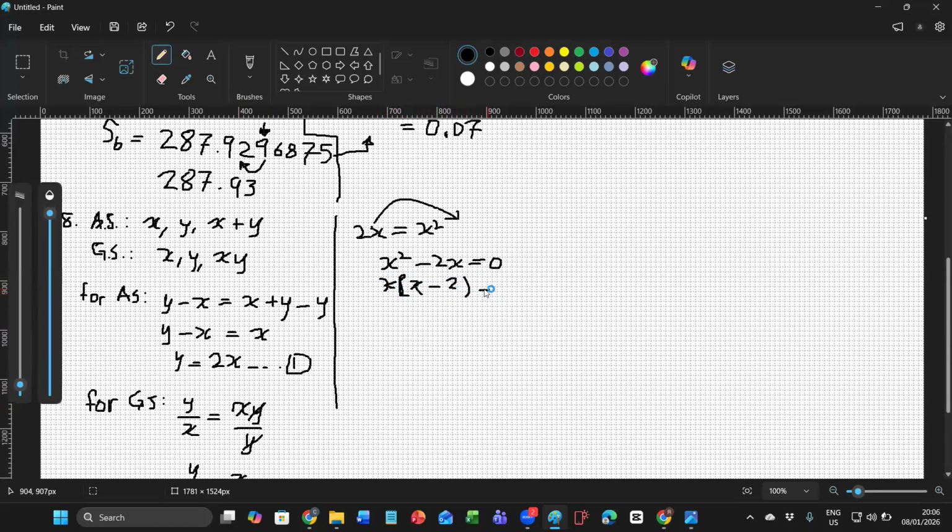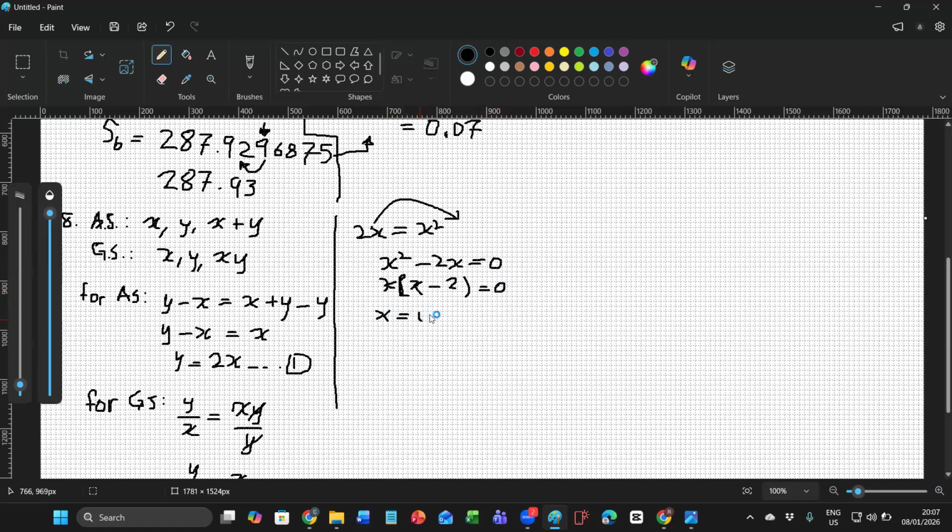The basic principle of every quadratic equation is that whenever you have something equal to 0, either x equals 0, and you remember that the question had already told us that x cannot be equal to 0.